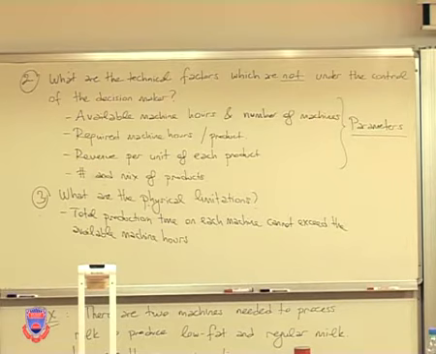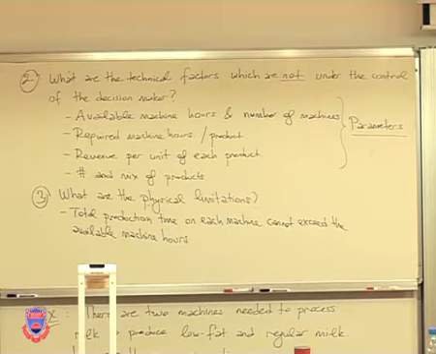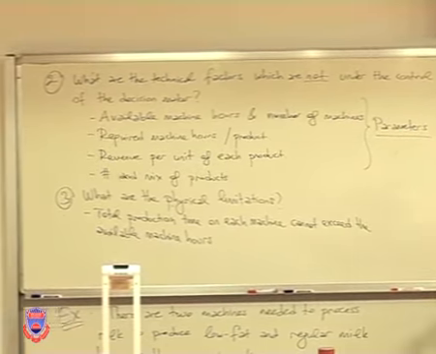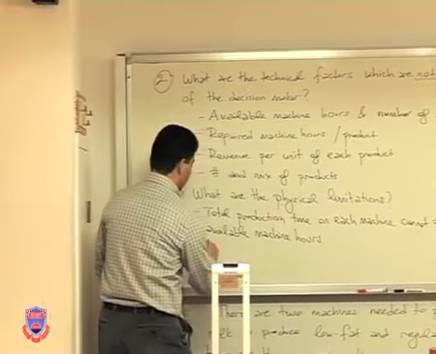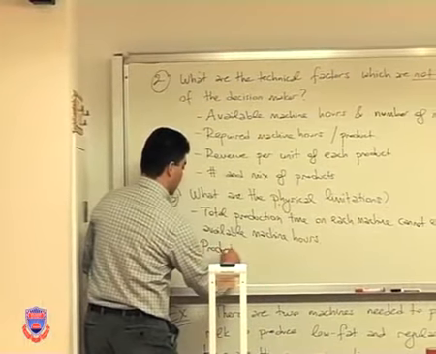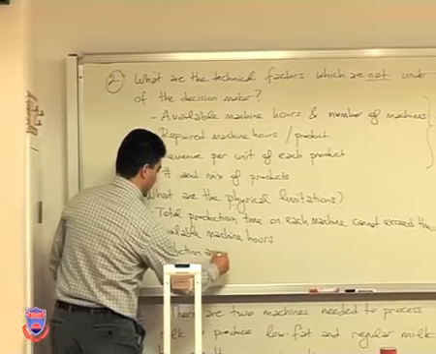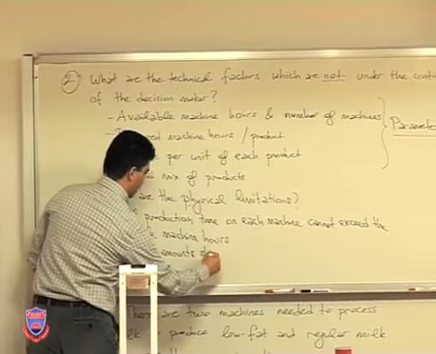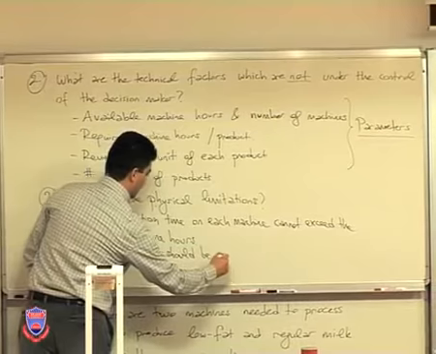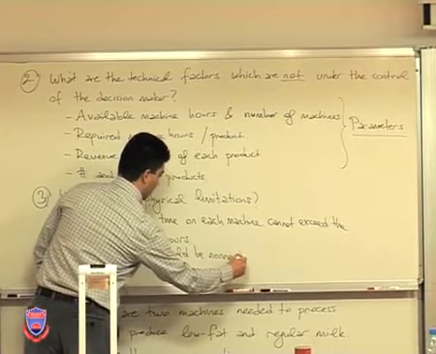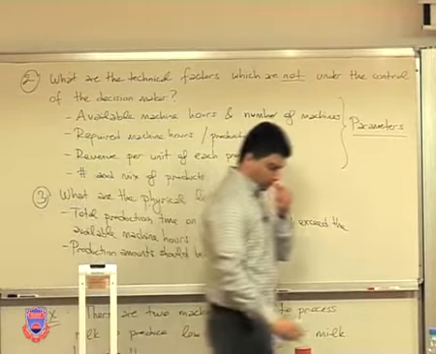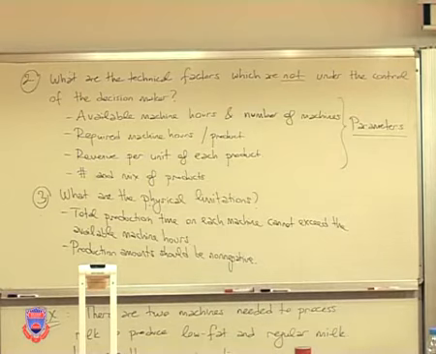Can I say something else about x1 and x2? Non-negative. Exactly, that's very good. x1 and x2 correspond to production amounts, so as a result, I cannot produce a negative amount. So x1 and x2 should be non-negative as well. Production amount should be non-negative.